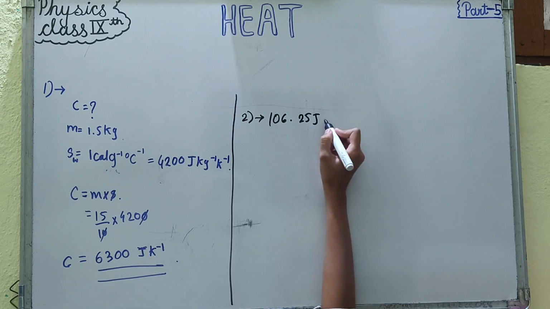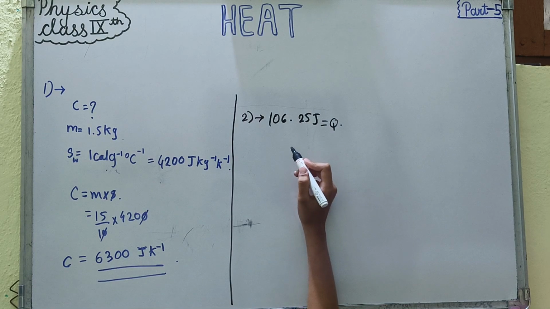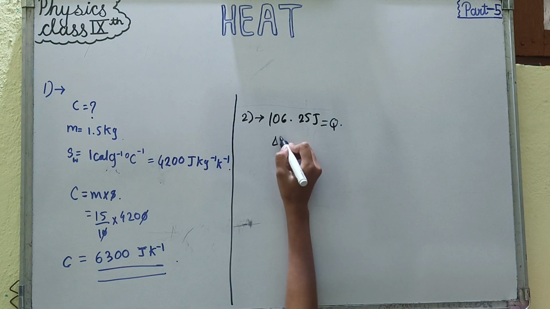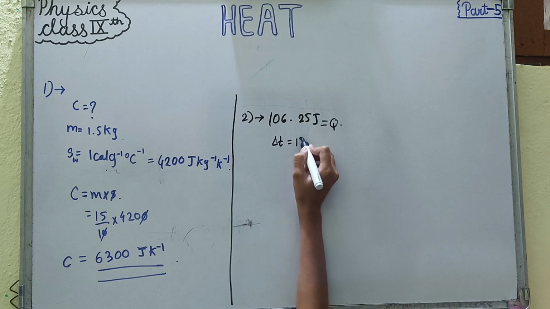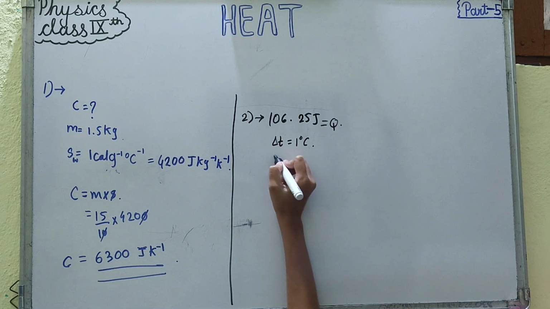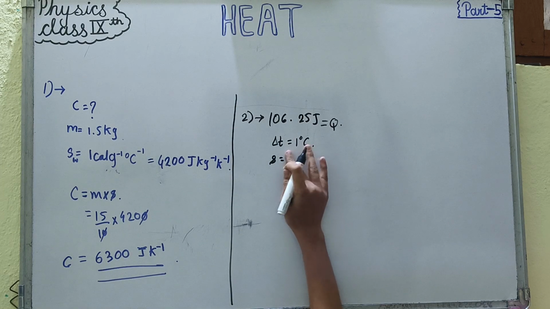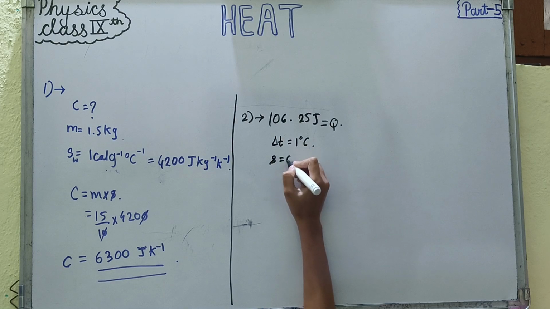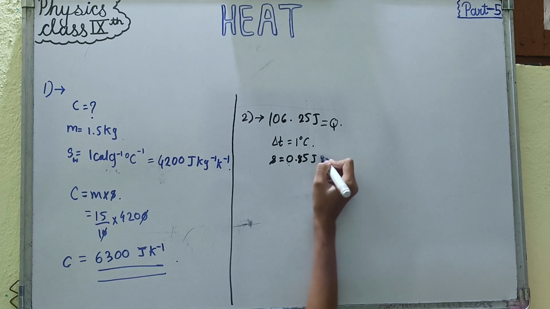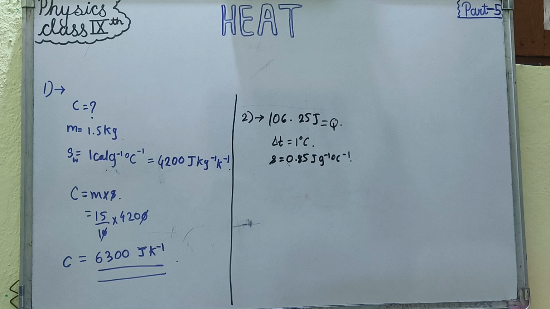So heat energy is given to us, 106.25 joules. Rise in temperature means change in temperature is 1 degree Celsius. Specific heat is also given, that is 0.85 joule gram raised to minus 1 degree Celsius raised to minus 1.